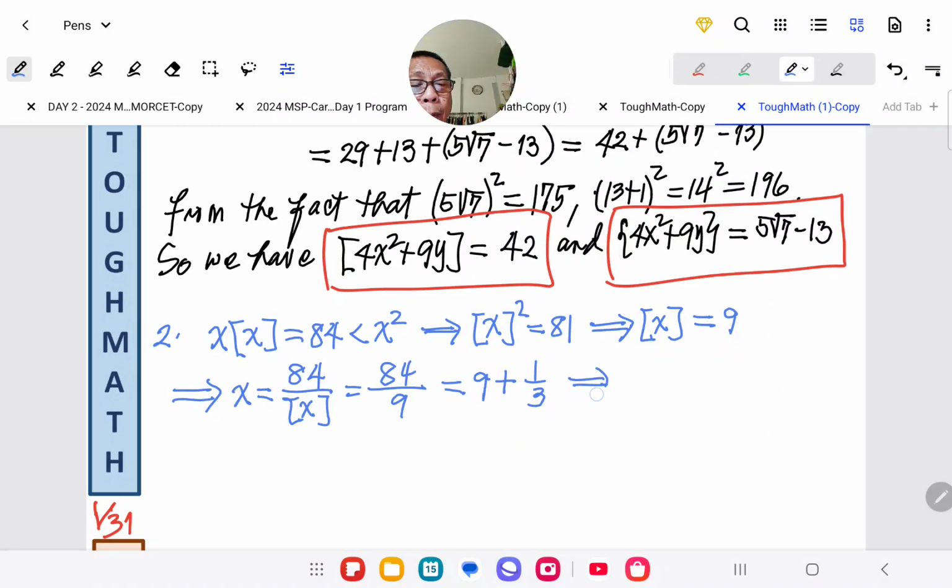Therefore the greatest integer value of x is 9, and the fractional part of x is 1/3.